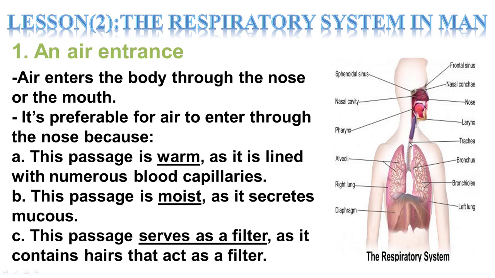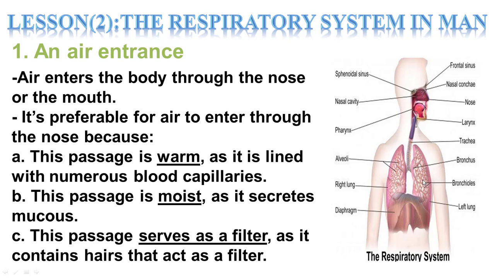Then we will travel to the trachea, and the trachea will divide at the lower part into two parts, bronchus and bronchus, two bronchi. Each bronchus will get inside one of the two lungs and will also branch into small branches inside the lung, the bronchioles.